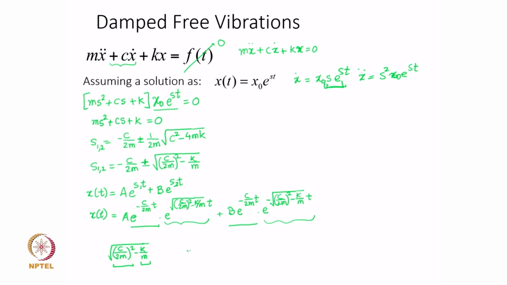So, e to the power a t, that is how the term will look, right. Whereas, if this is less than k over m, then what happens? You have a square root of a negative quantity, right.